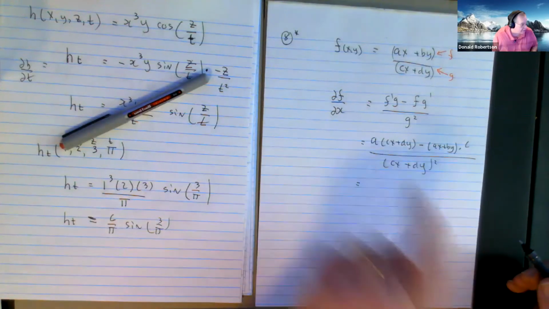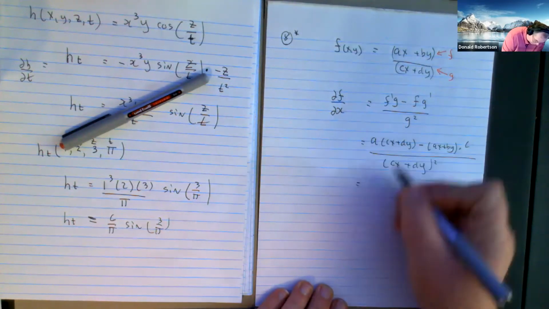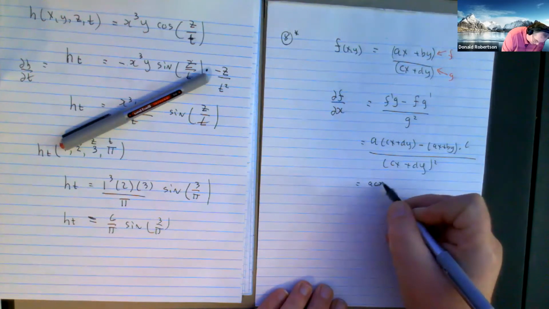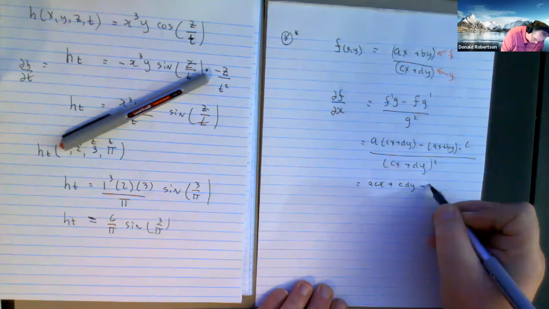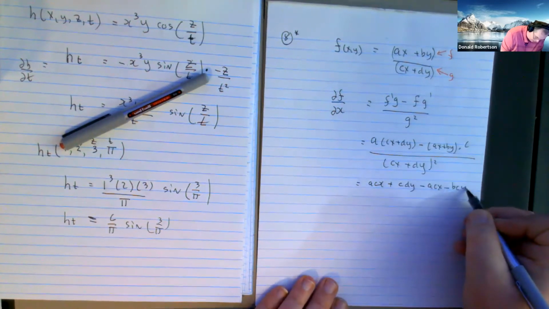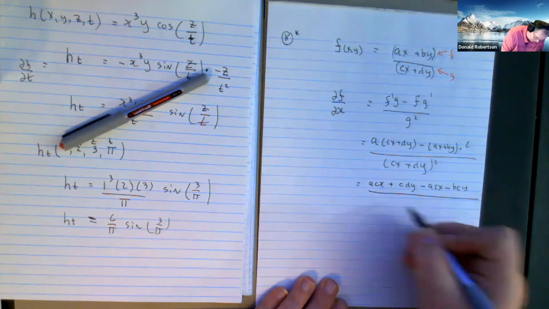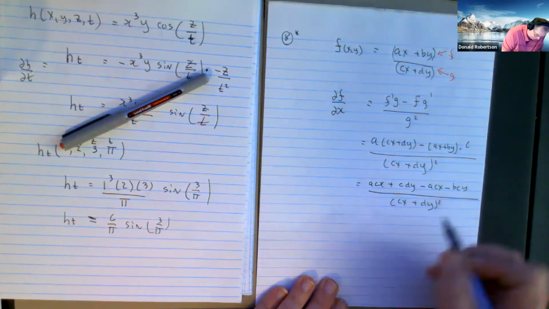And you know I'm not leaving that, right? Style points kicks in. If you distribute through, you get acx plus cdy, take away acx, take away bcy, all over cx plus dy squared.